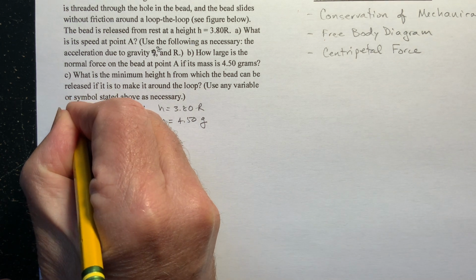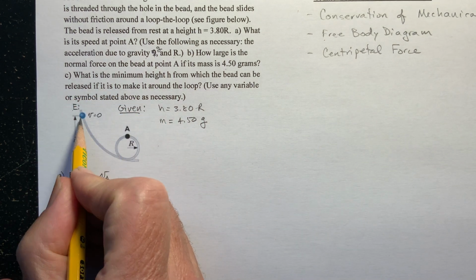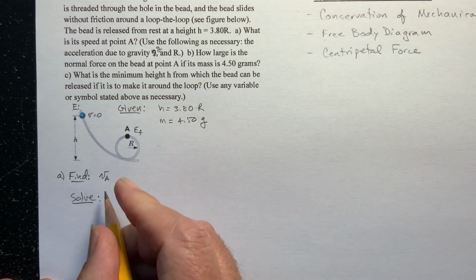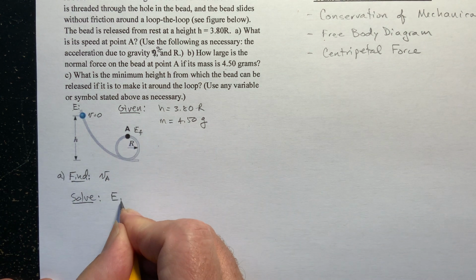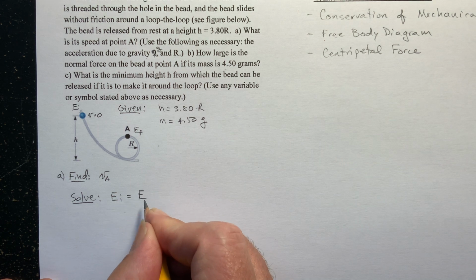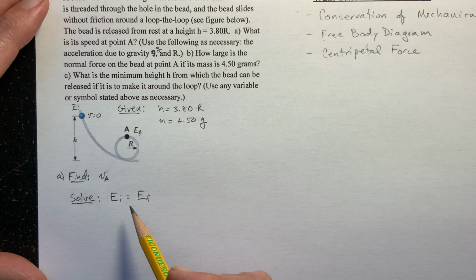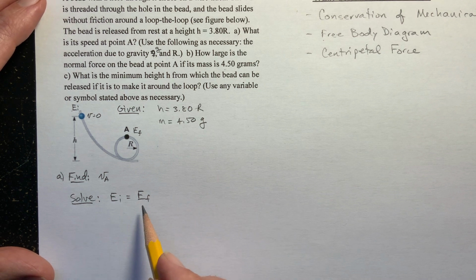I'm going to call this the initial position. E is mechanical energy. The initial mechanical energy is going to equal our final mechanical energy. This is how you start a problem if the only force doing work is gravity. Now I want to expand this idea.